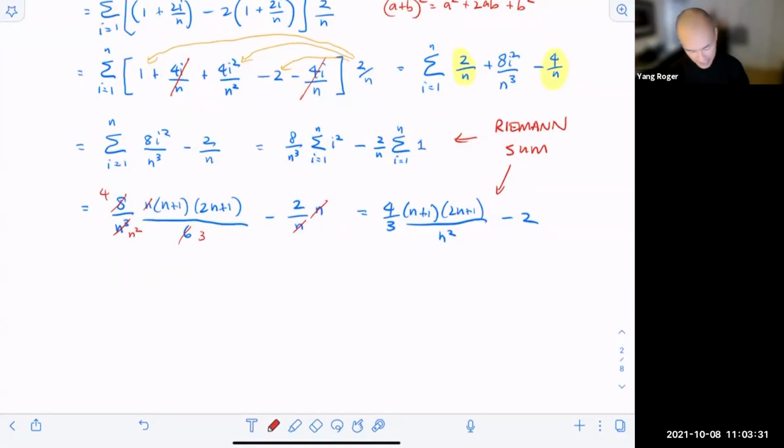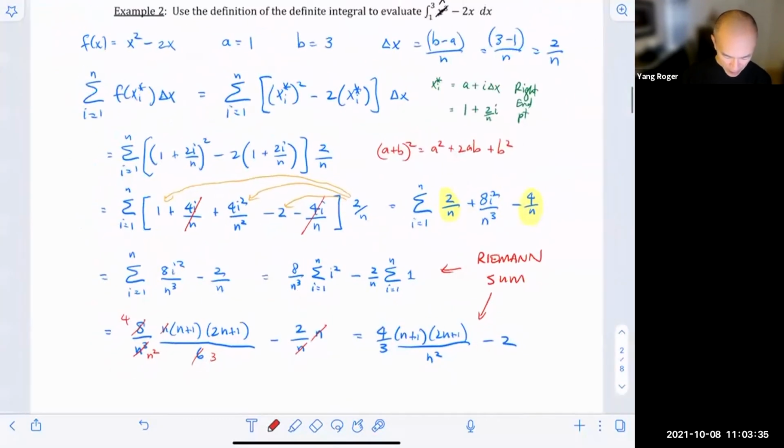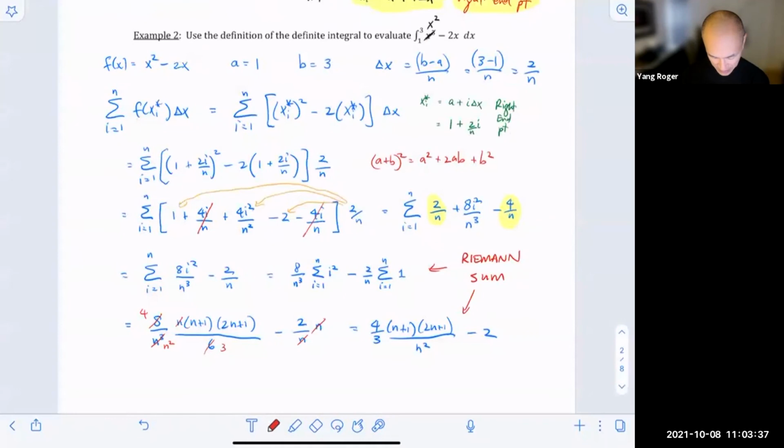Okay. The next thing we're going to do, so now we've found out what our Riemann sum is. Starting from here, we were finding our Riemann sum.